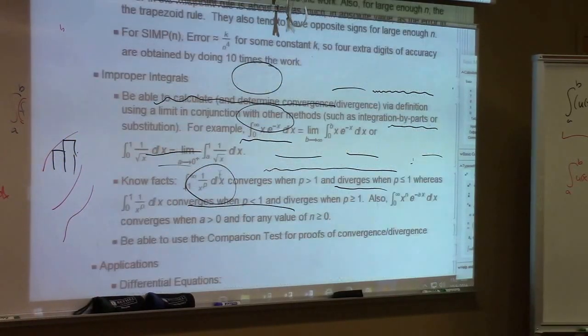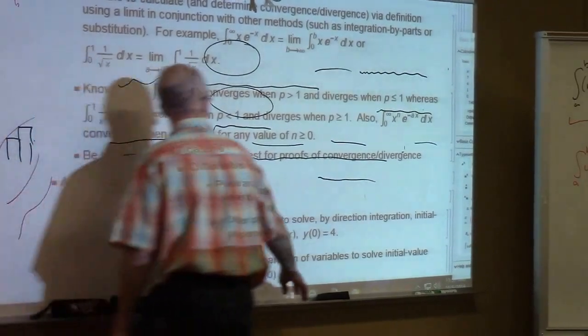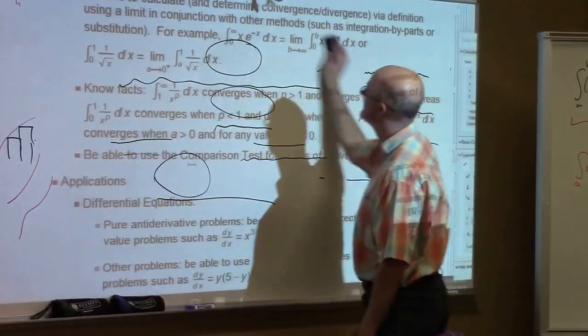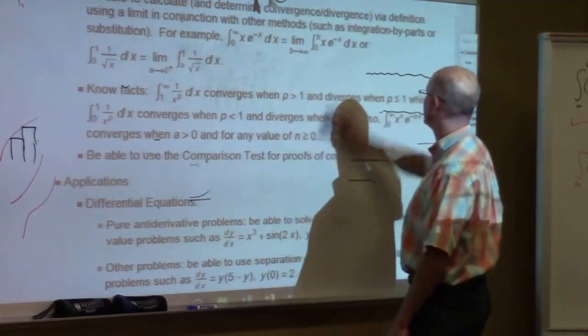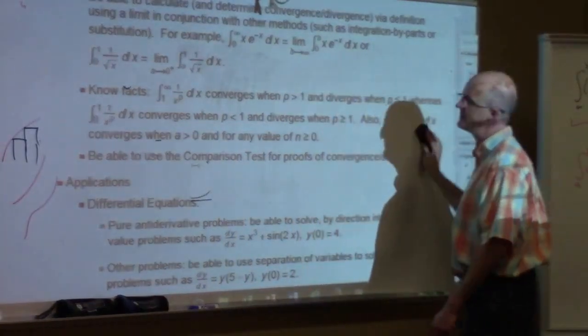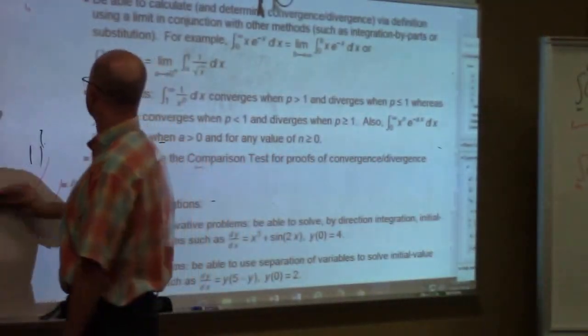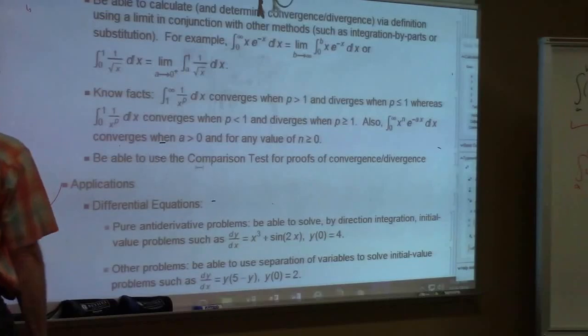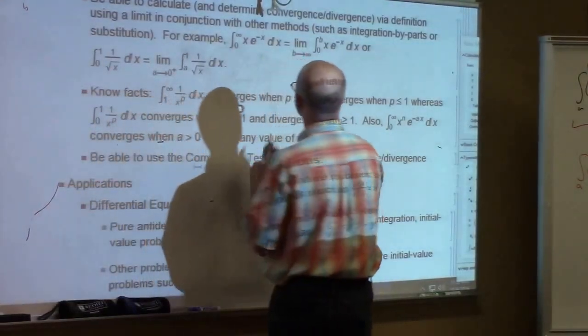More topics, improper integrals. There's a lot of topics that could be on this test. They're all connected to each other in some way or another. They're all connected to integrals. Be able to calculate improper integrals, for example, in terms of a limit like this.